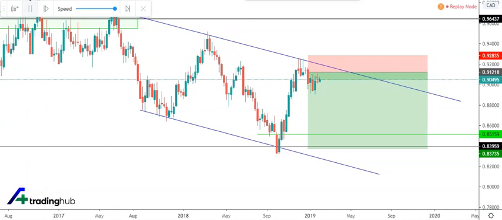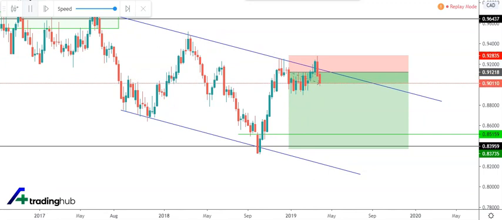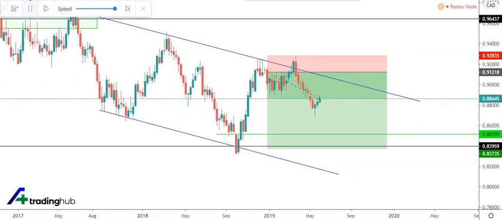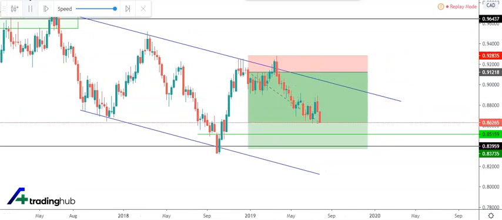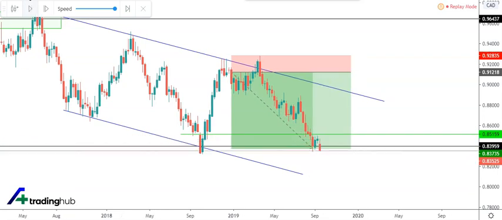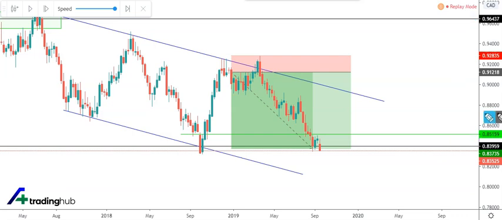Yes, price pushes down. And boom, price has hit our take profit. So you can see price came up almost here, almost to take us out on stop loss, but we are not out on stop loss.